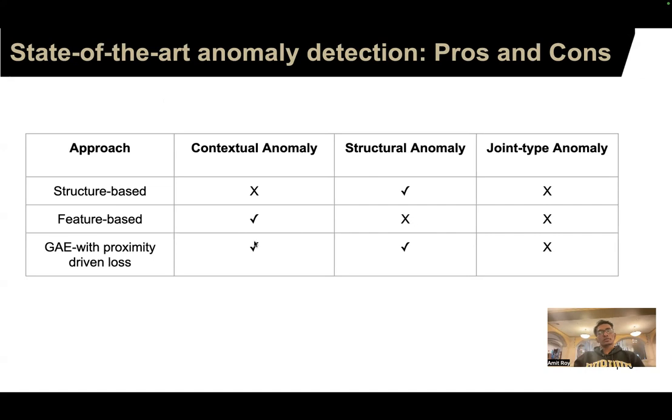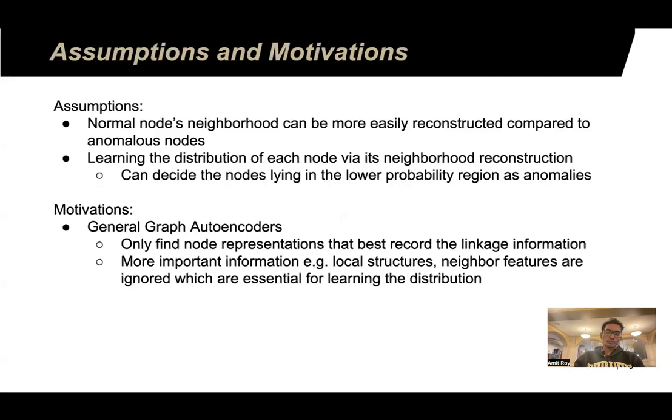Also, graph autoencoders with proximity-driven loss can detect both contextual and structural anomalies, but they fail at detecting joint type anomalies, which need neighborhood reconstruction based approaches that consider the neighborhood rather than link prediction type loss.